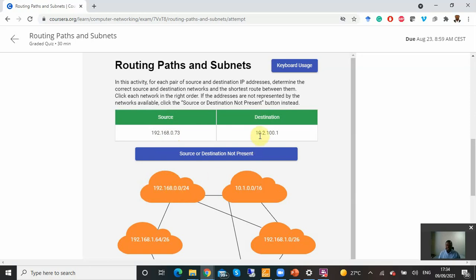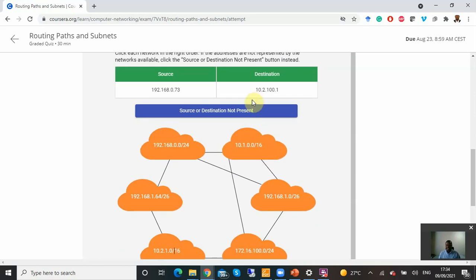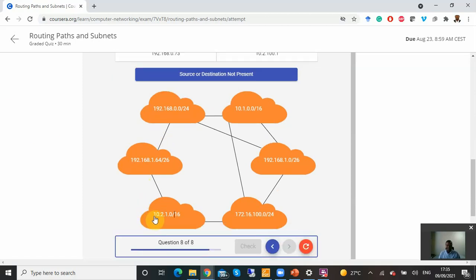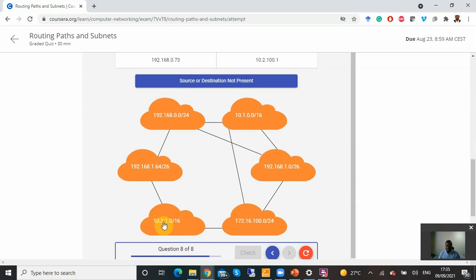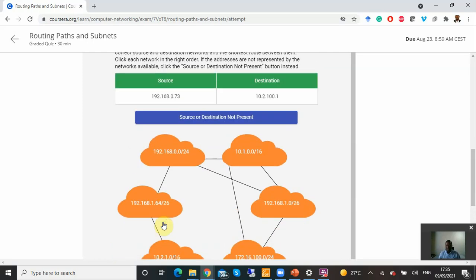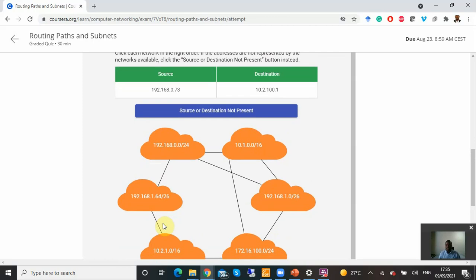Now, destination ID 10.101. 10 is the first octet, the second octet, which is the first host ID for this destination, they correspond.